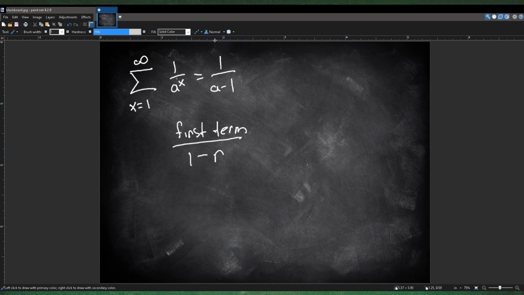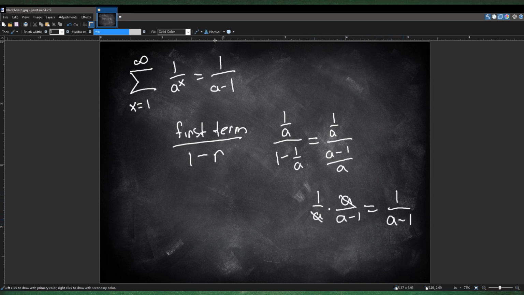So our ratio is 1 over a. Let's put in our first term. Our first term when x is equal to 1 is 1 over a. And then our ratio is 1 over a, where a is a number, say, 5, so it's 1 over 5. So that will simplify to 1 over a, over a minus 1 over a. Dividing by a fraction is the same thing as multiplying by the reciprocal, so a over a minus 1. Cancel that from the top and bottom, and you get 1 over a minus 1, right? So this is how they got that formula.